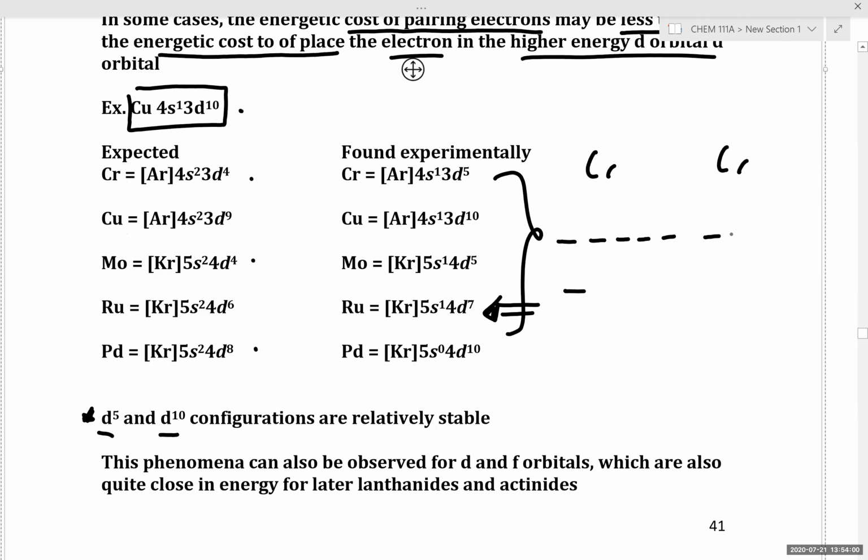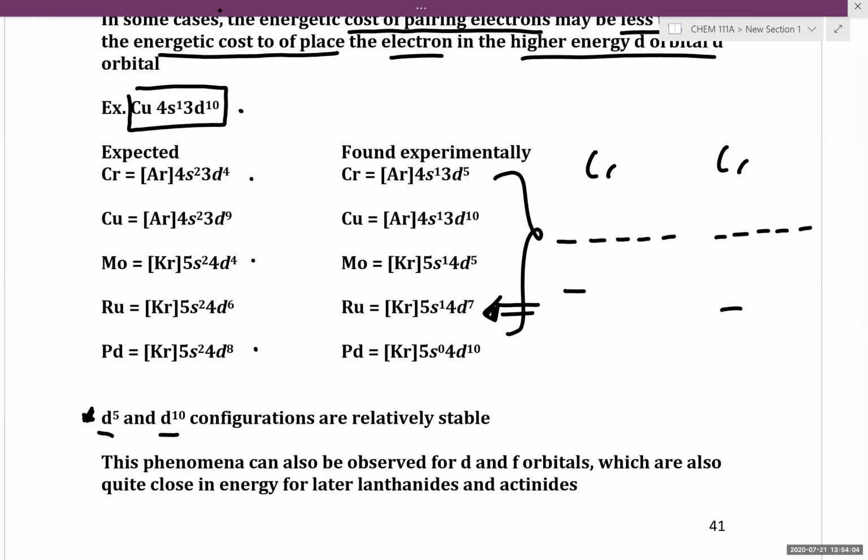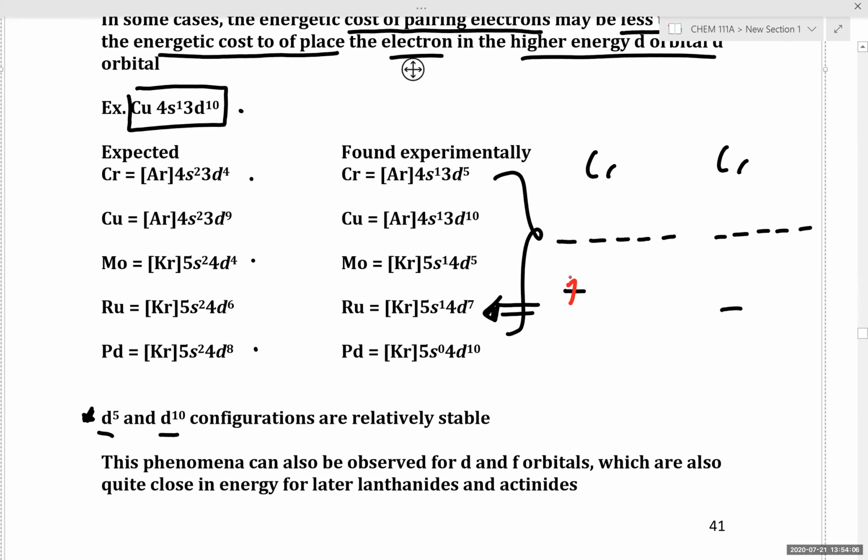rather than having to pair our electrons in our s orbital, we instead place each of our electrons in empty d orbitals.